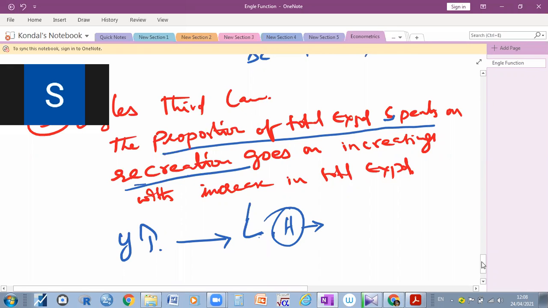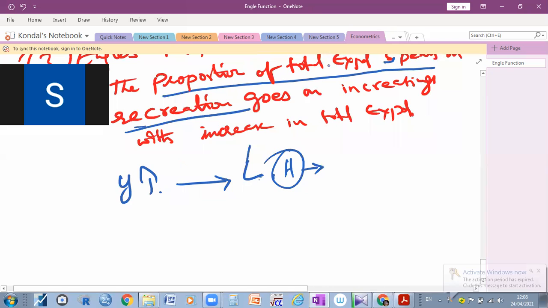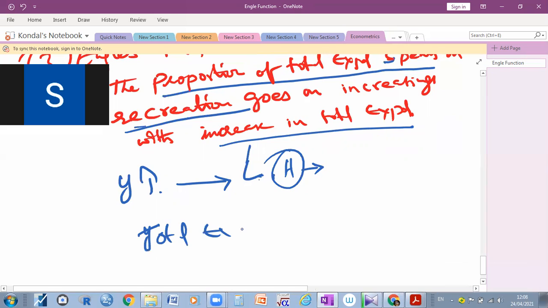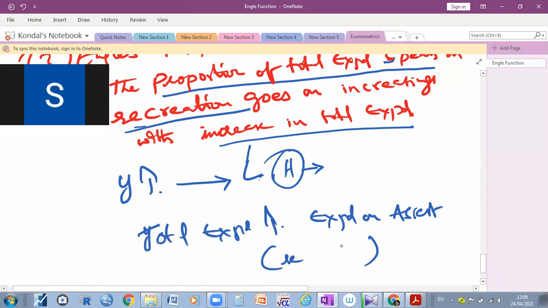So here what I want to say is that as your total expenditure increases, the expenditure on assets, assets which are recreation, also increases.